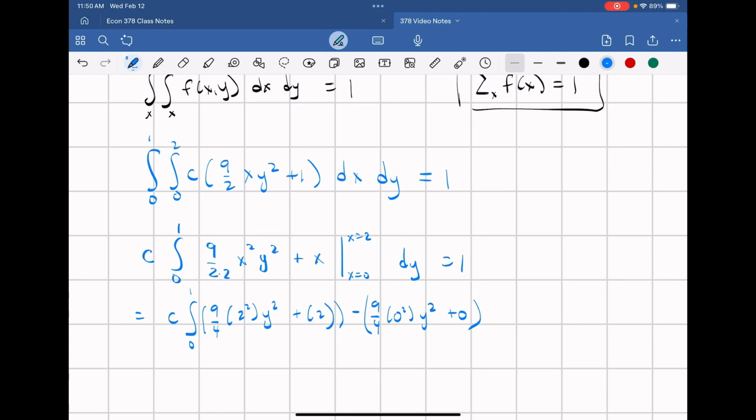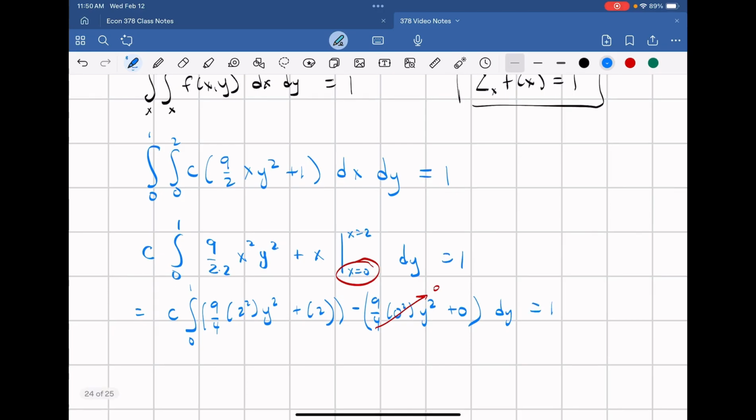Now, one thing to note is when x is 0 here, everything's going to go to 0. So that's going to be a quick shortcut we're going to look at going forward: that second part will lead us to set it equal to 0. And so we still have the dy, and this is equal to 1.